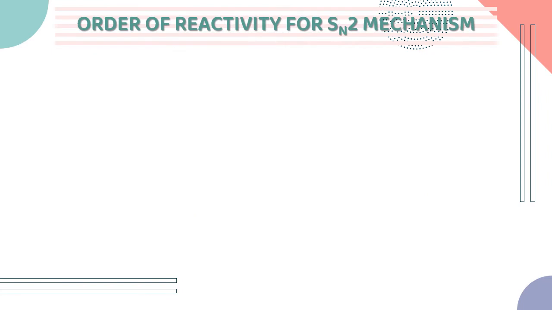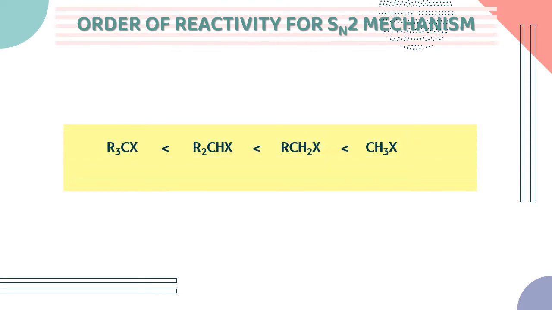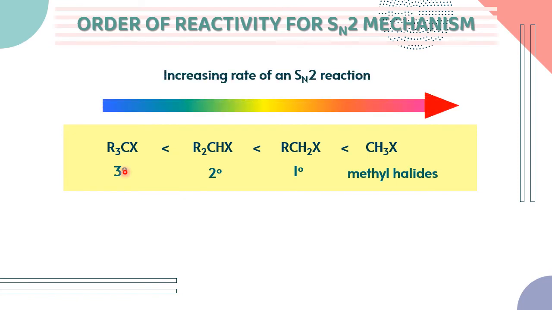Okay, now, so let's look at the order of reactivity for SN2 mechanism. So here I have a general structure untuk haloalkane. So here is a tertiary haloalkane, secondary, primary and methyl halides. So susunan yang ada dekat sini adalah increasing rate of SN2 mechanism.